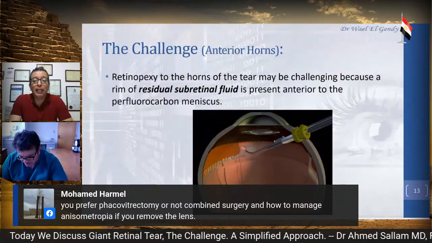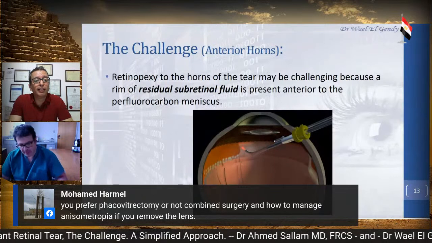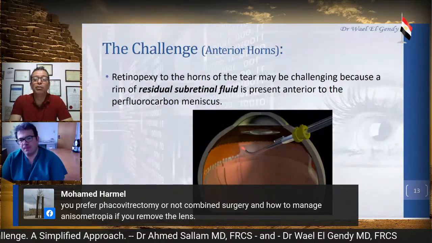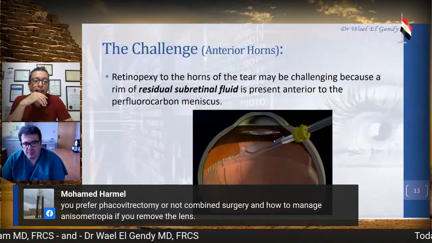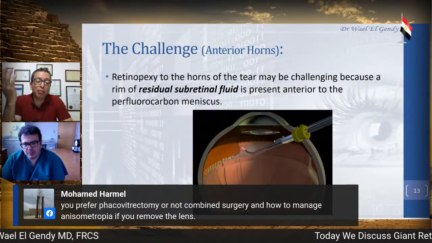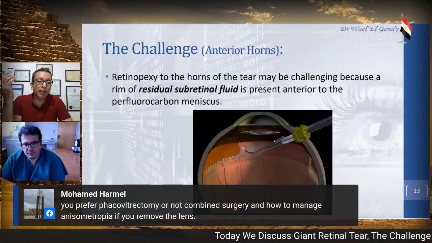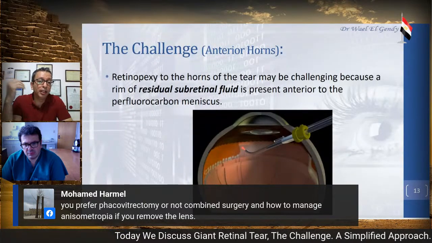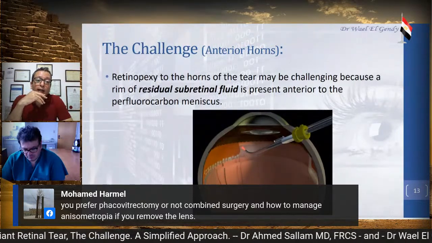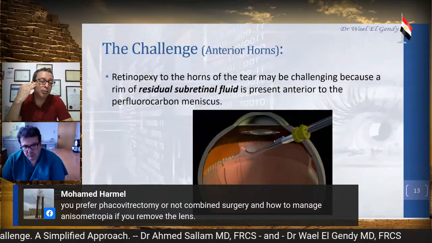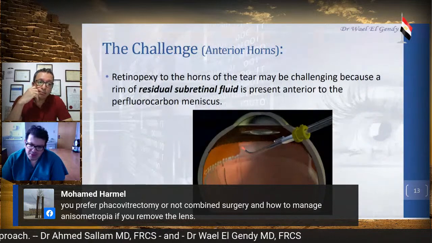Well, I don't think that we need to do phaco in all. We don't need to do lensectomy or phaco in all cases of giant retinal tear. My opinion is we can do it with cases that are a little bit too anterior, or if there is a cataract. But I think we can do without the lensectomy. What do you think, Dr. Ahmed? Yeah, no, I agree.